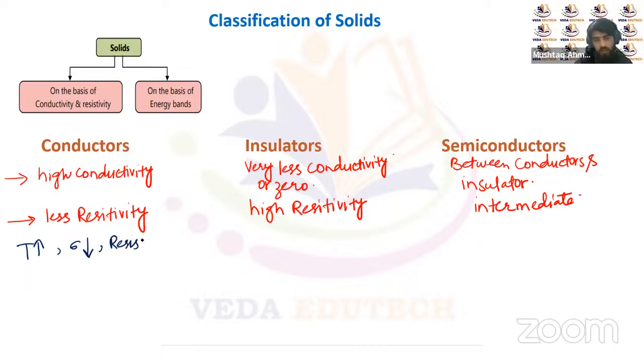So the resistance of conductors increases on increasing their temperature, right? There is almost no effect in case of insulators.